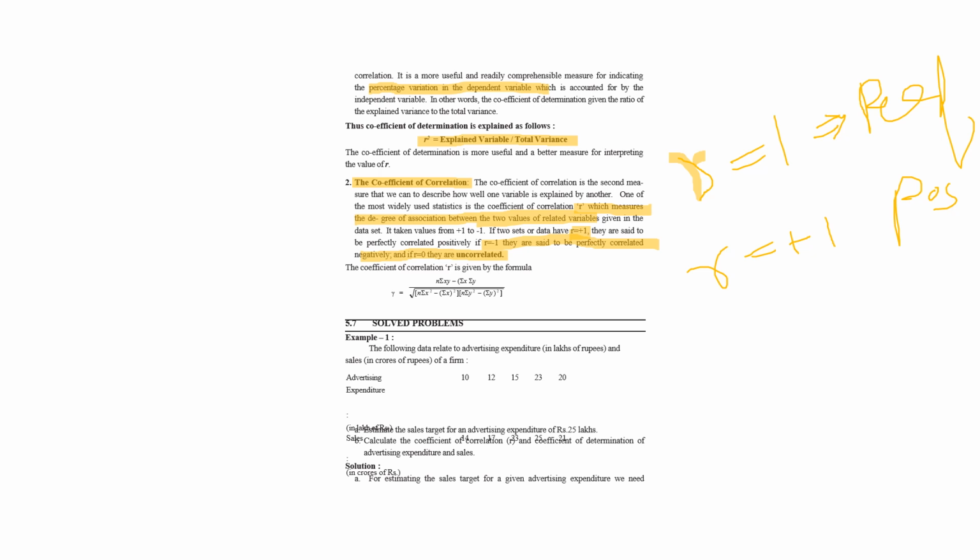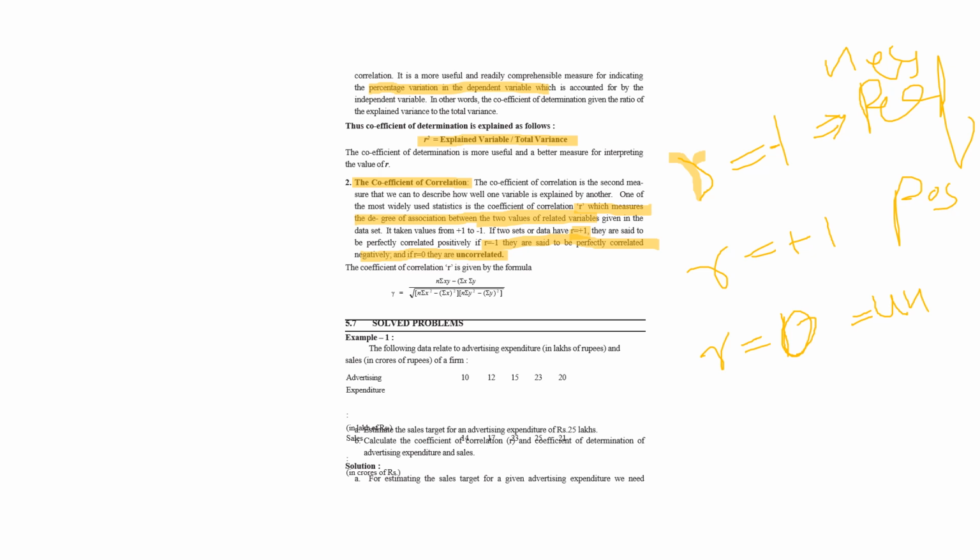If R is equal to -1, they are perfectly correlated negatively. If R is equal to 0, we can say that they are uncorrelated.